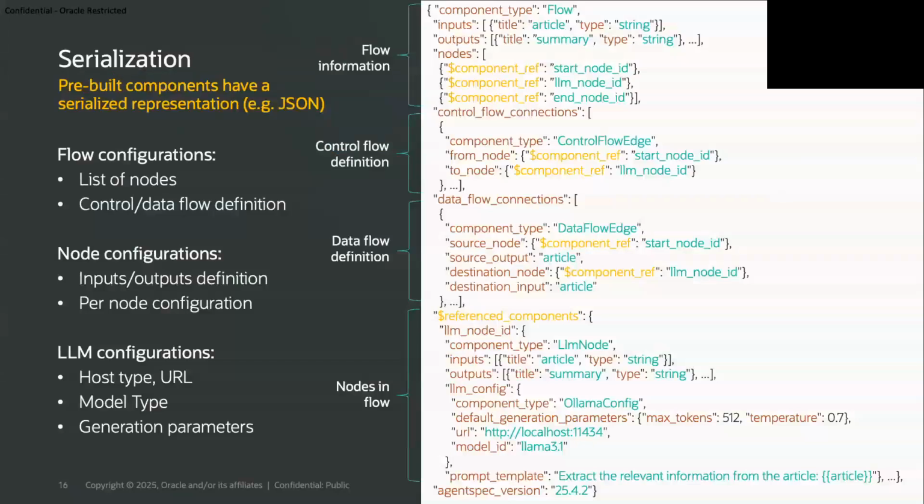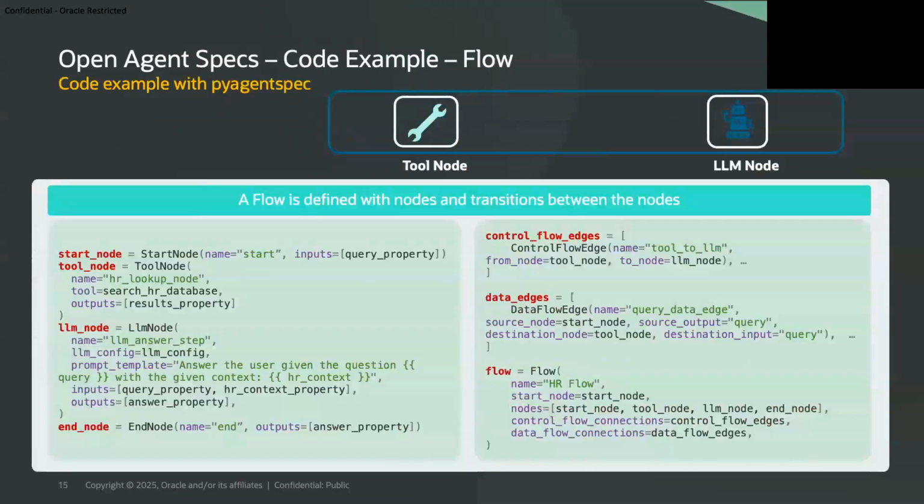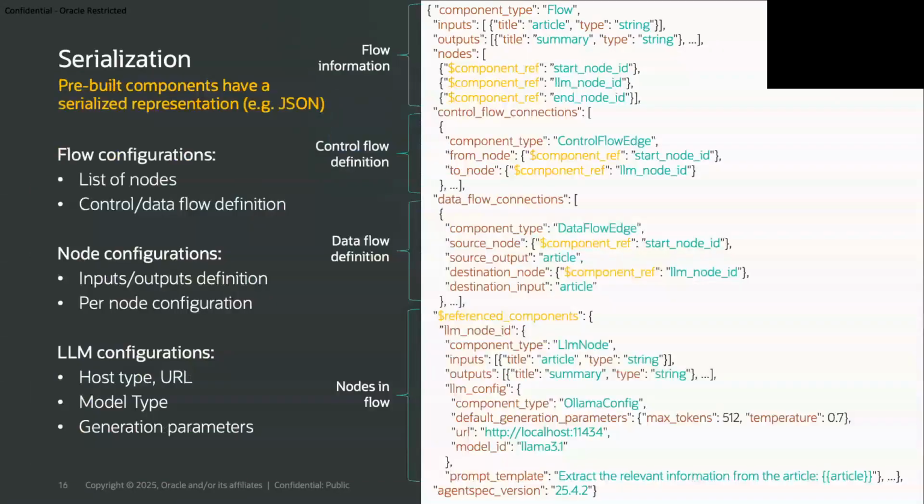So to come back to what I was describing earlier, Agent Spec. The code you see here is Python code written with the Python SDK for Agent Spec, which is called PyAgentSpec. And the Agent Spec format in itself, without using the SDK, can be either JSON or YAML, but here on the slide, you see a JSON representation.